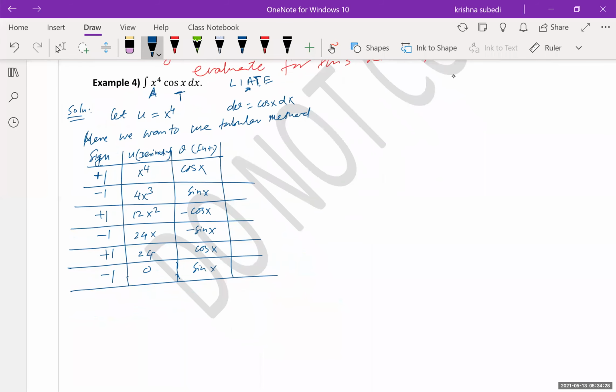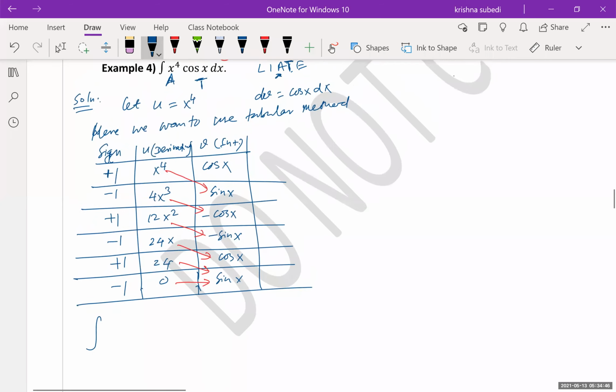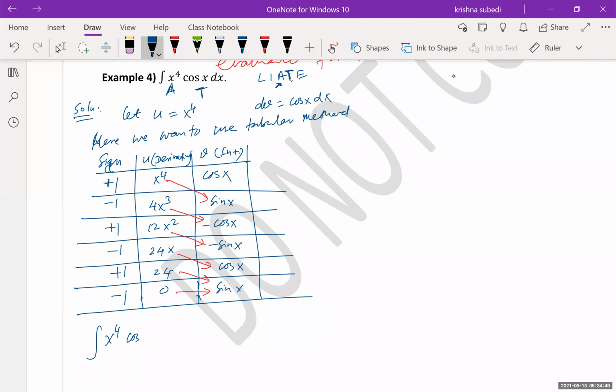Now our job is to write them in a nice way, right? Always start with, it goes like that. This guy goes one step down and the last will go with last. So your answer is going to be: the integral of x to the power 4 cos x dx is going to be x to the power 4 sine x, positive, okay, the first one with positive, the second one starts with negative: 4x cubed times negative cos x.